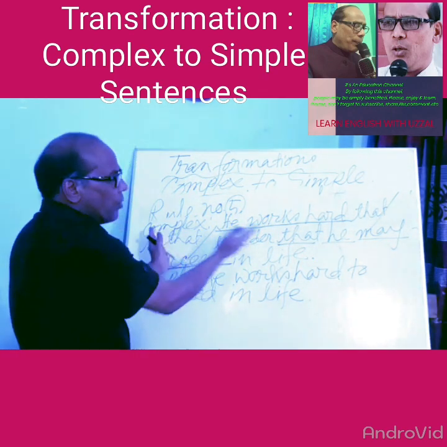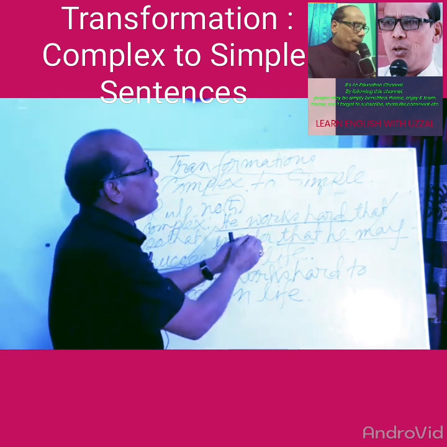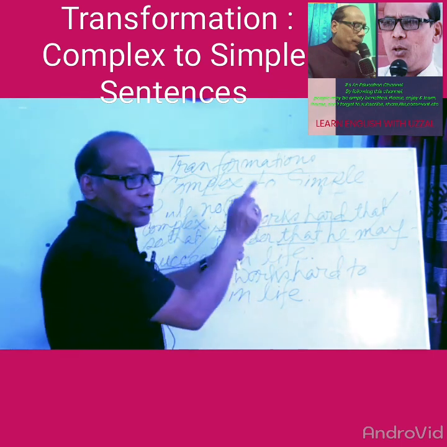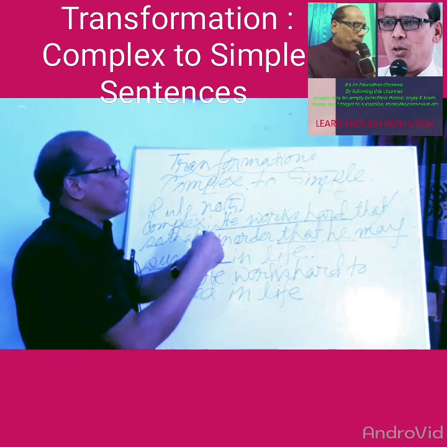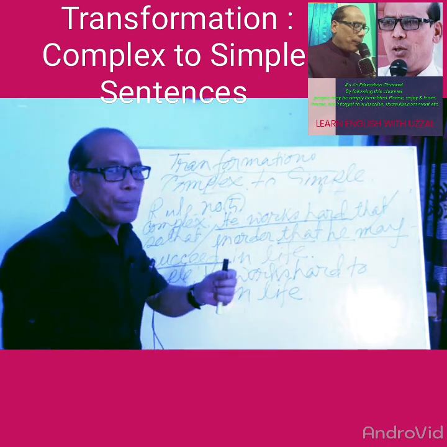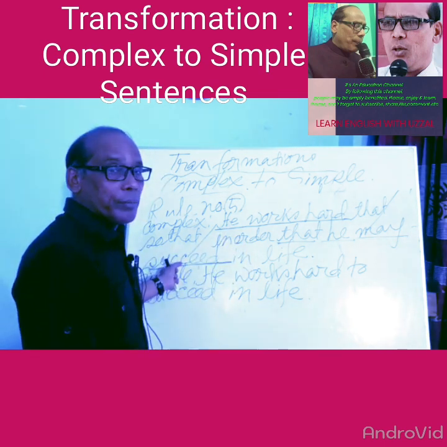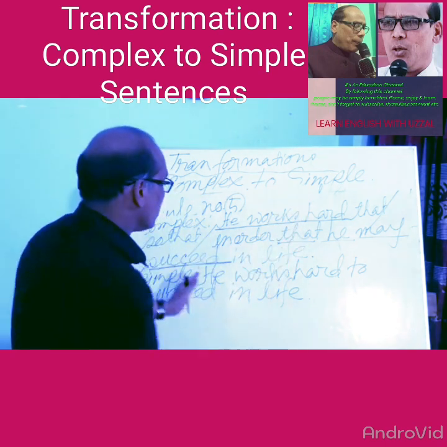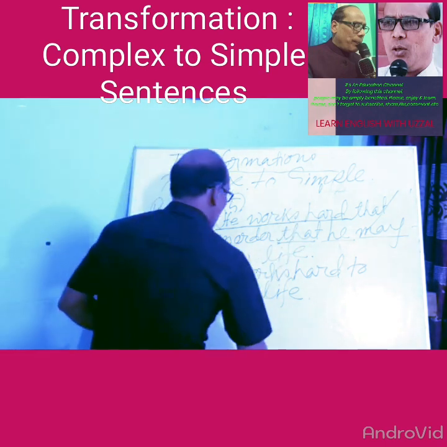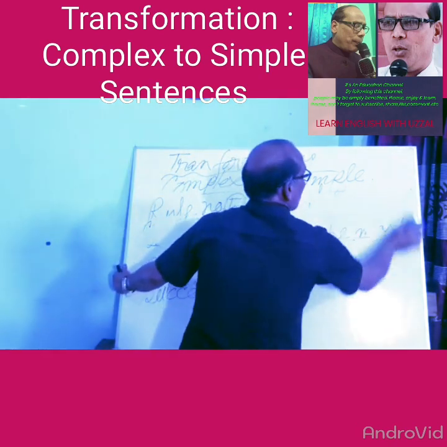You will write the first portion first, then in the place of that, or so that, or in order that, you will use only to. Then you will find out the main verb, and the present form of the main verb will be used, and the rest of the sentence as I have done here. Thank you. And then rule number 6.